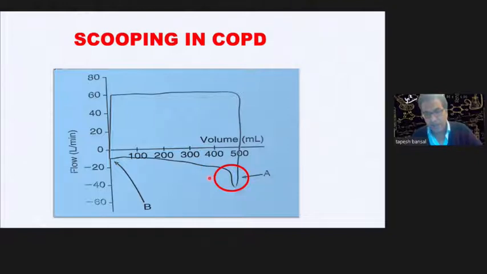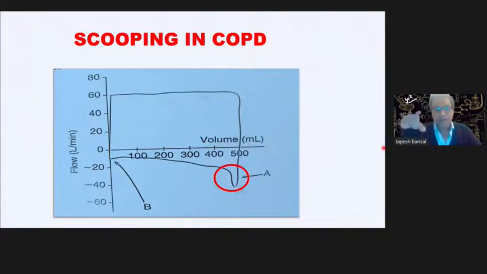And here what you see in the circle is the volume of air which was trapped in the upper airways. So the moment the patient starts expiring, this does not meet any resistance. The resistance is in the lungs and in the smaller airways. And the air which was held in the upper airways and the tubing is expelled immediately. That is why you get this spike and then you get this scooping.